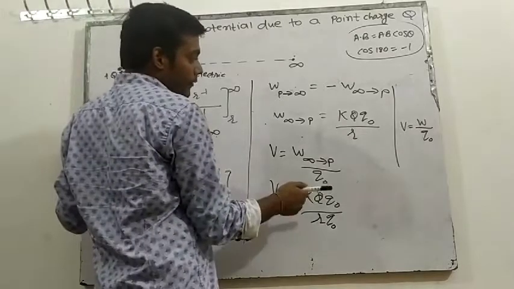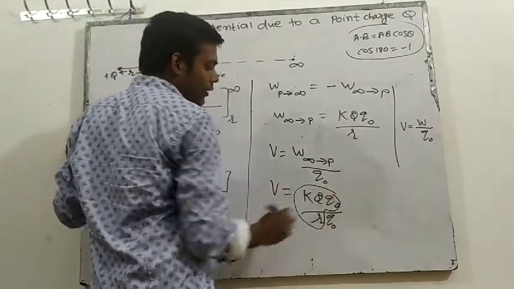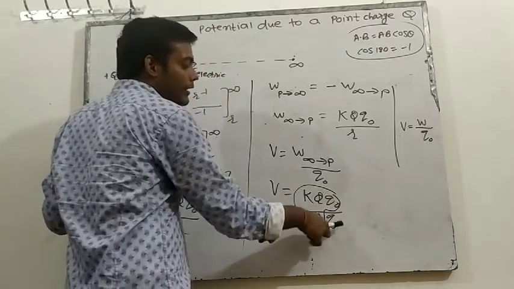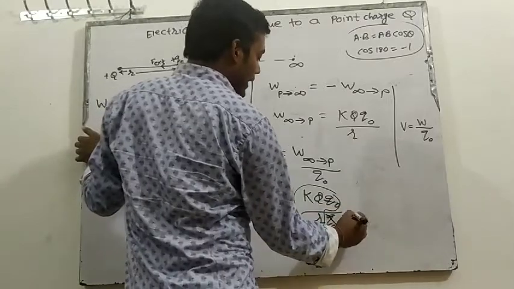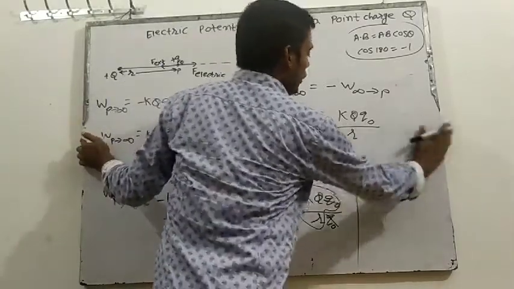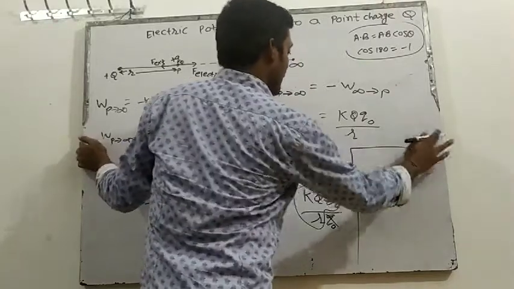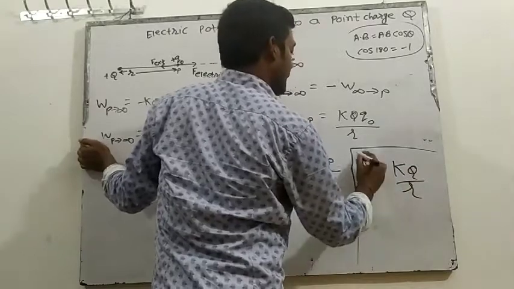So Q naught cancels. So what will be the potential? Potential will be equal to K Q by r.